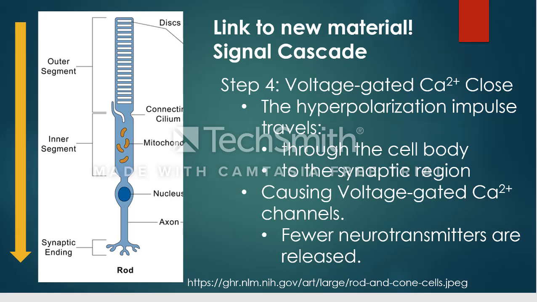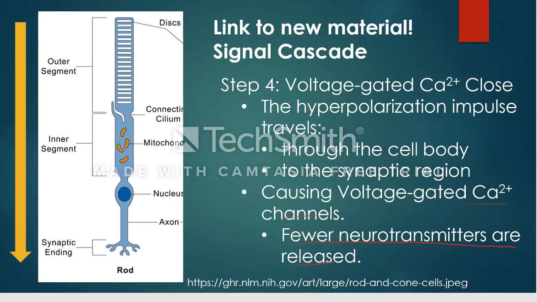So therefore, when the voltage-gated calcium ion channels close, then fewer neurotransmitters are released from the synaptic endings. So therefore, that membrane potential will close calcium ion channels.